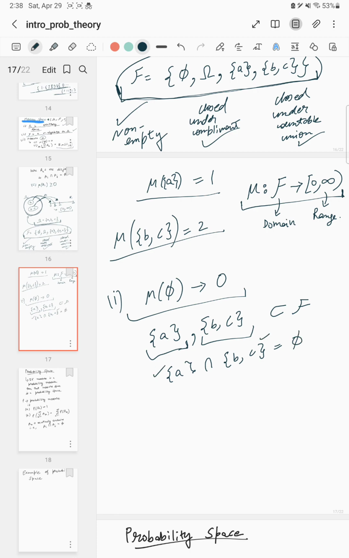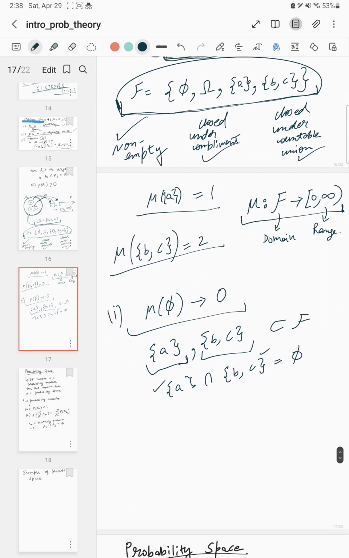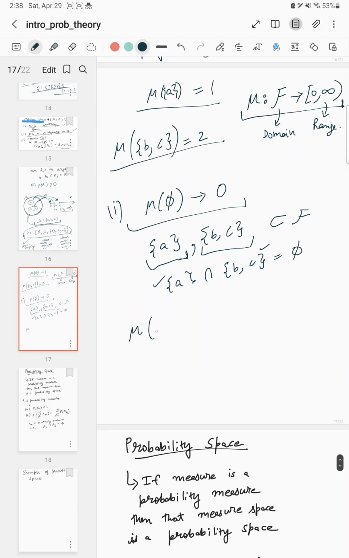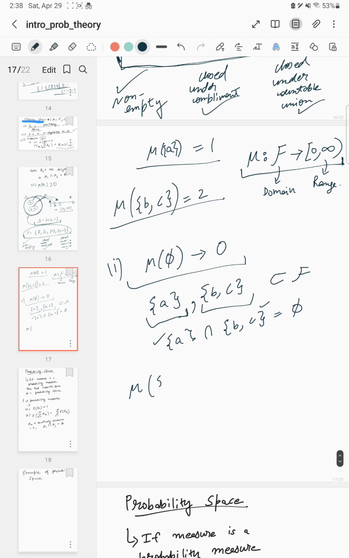Now if we want to define mu of A union BC, it should be the measure of A plus the measure of BC.